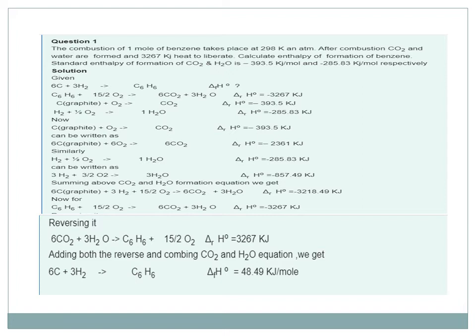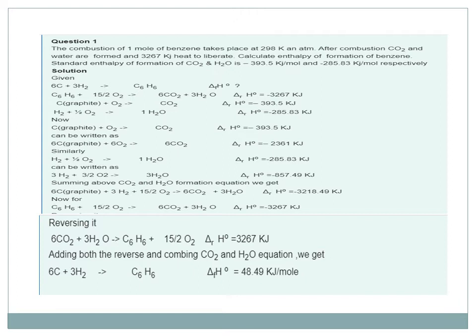Standard enthalpy of formation of carbon dioxide and water is minus 393.5 kilojoule per mole and minus 285.83 kilojoule per mole respectively. Now the solution: 6 carbon plus 3H2 gives C6H6.